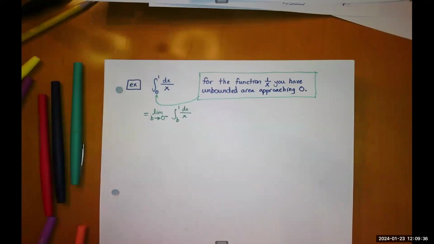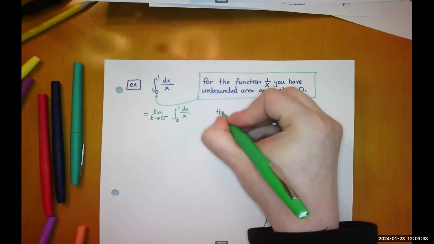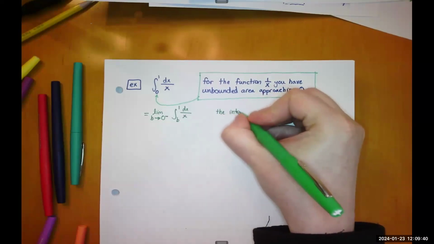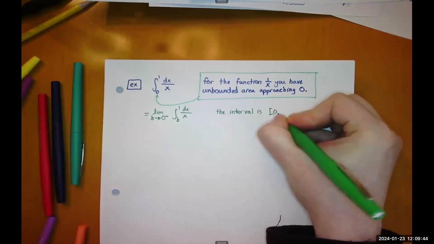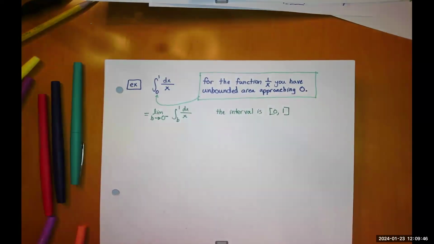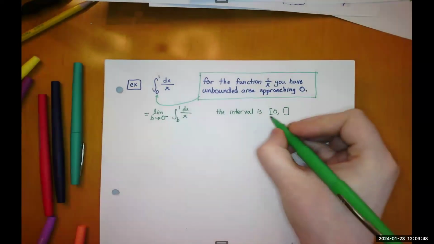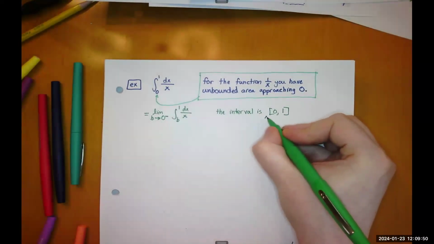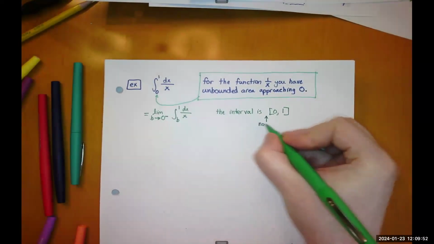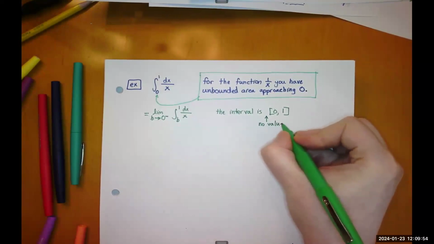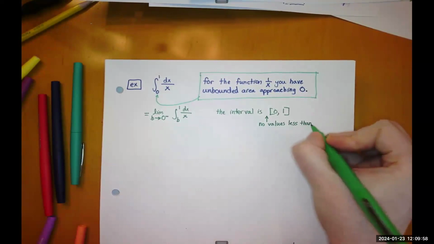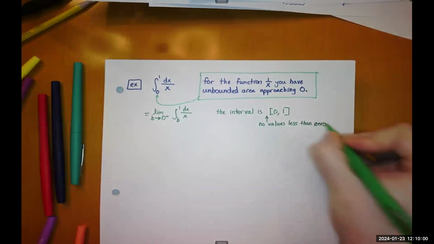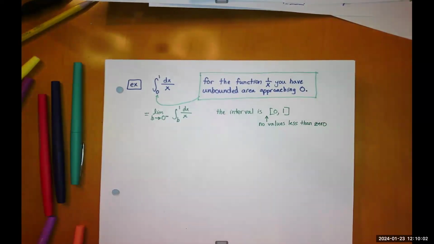That has to do with the interval as given, 0 to 1. So if I'm on this interval, I'm considering no values less than 0. So I cannot approach from the left. I can only approach 0 from the right.